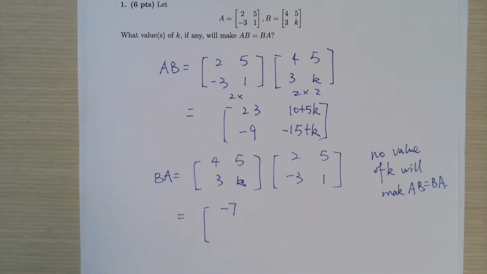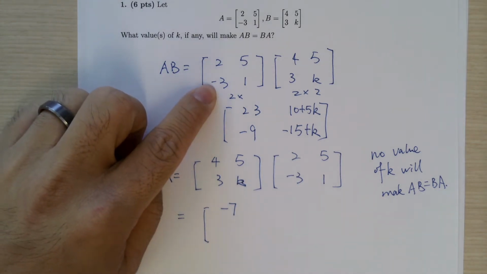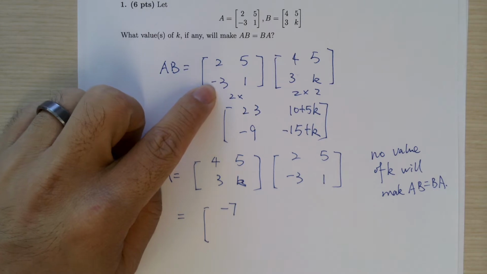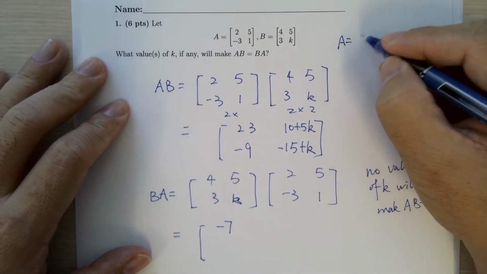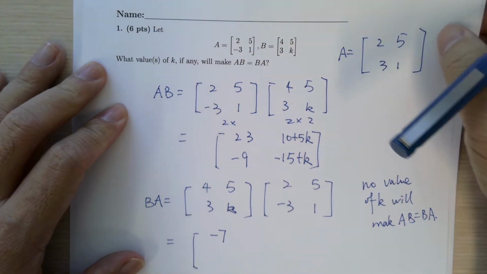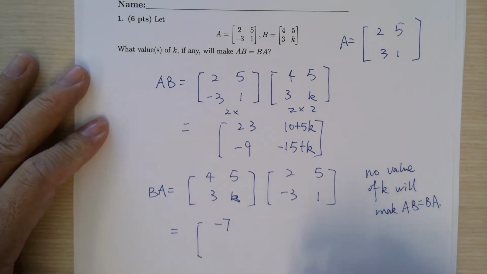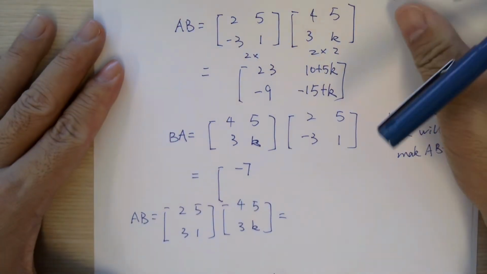However, if we want to do a small modification, for example, if we change this part into positive 3, so in other words, A here is [2 5; 3 1], then you see AB will give you what?